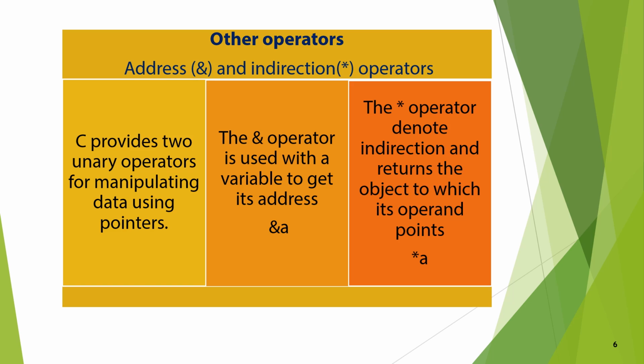That means by using the star operator, we can retrieve the value stored in the variable. So these are the address and indirection operators.